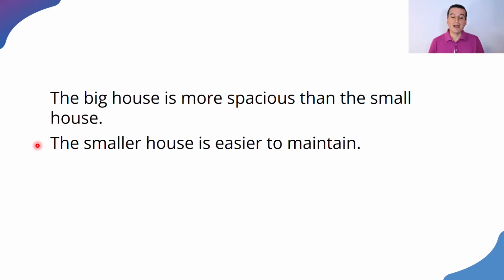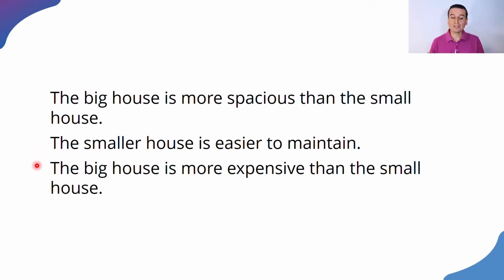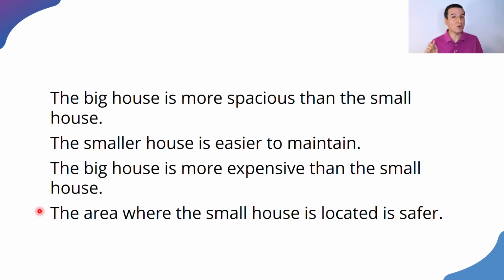Right? Next, the big house is more expensive than the small house. That is a simple comparison about prices. Okay, listen to the pronunciation. The big house is more expensive than the small house. All right. Next, the area where the small house is located is safer. It looks safer, but it's just an opinion.